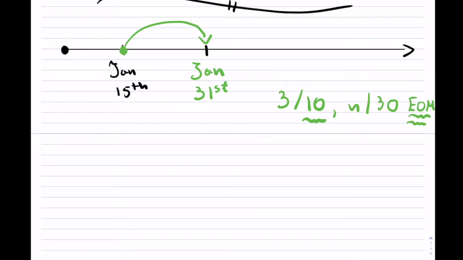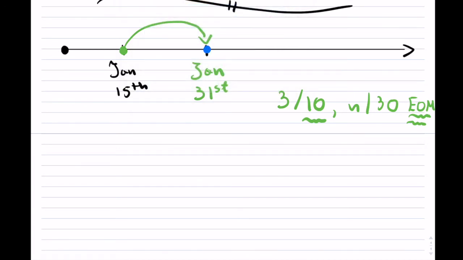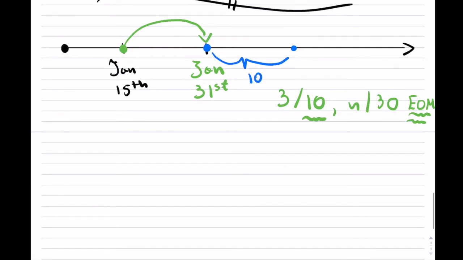And what happens now is you start counting your days from here. So January 31st is basically day 0, which means February 1st is day 1, and February 2nd is day 2, and so on. So you have 10 days right here. This is your new discount period, which means that you have until February the 10th to take advantage of the 3%.